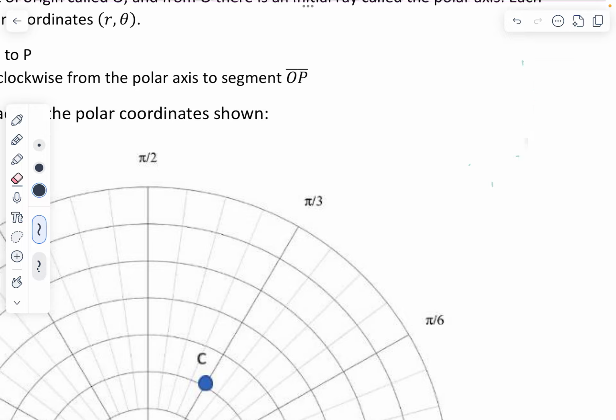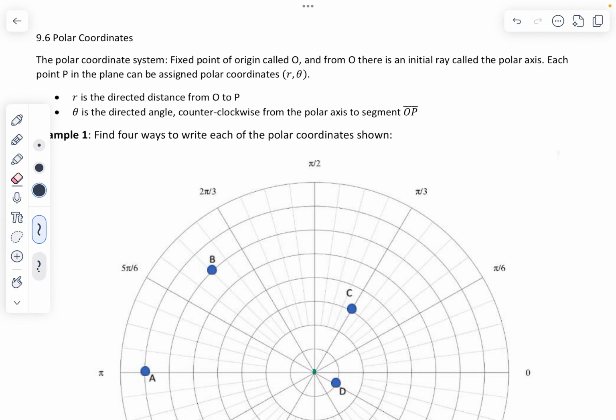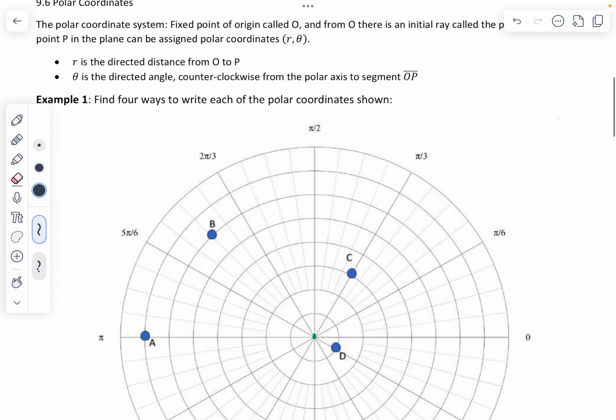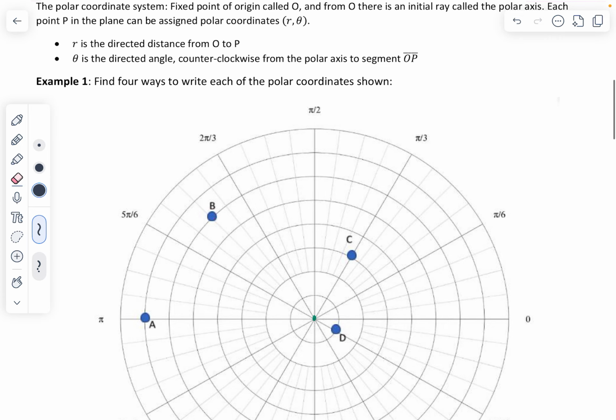That's why we're going to talk about polar coordinates, because when we're trying to graph anything with rounded edges that can be described by a circle, it's much easier to write or graph that in polar than in rectangular.